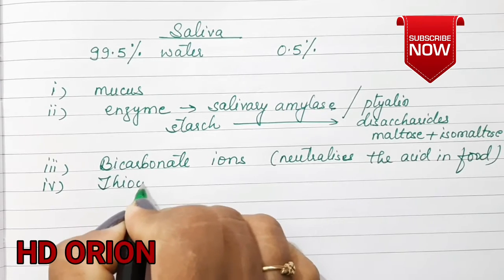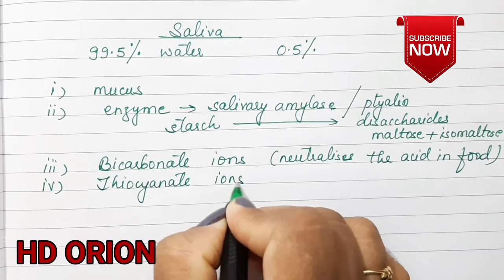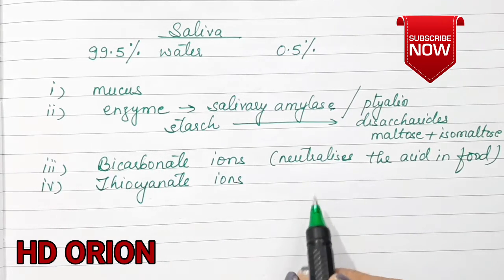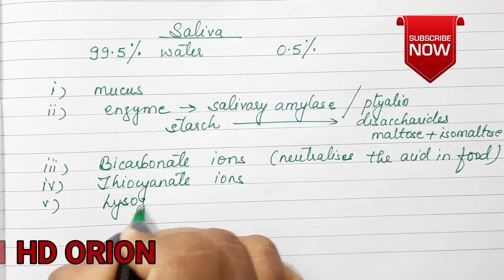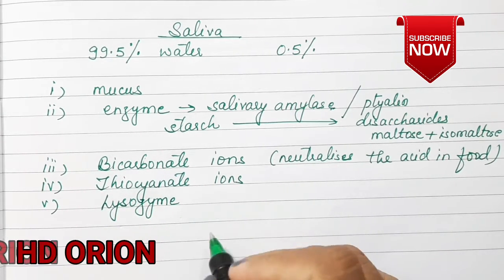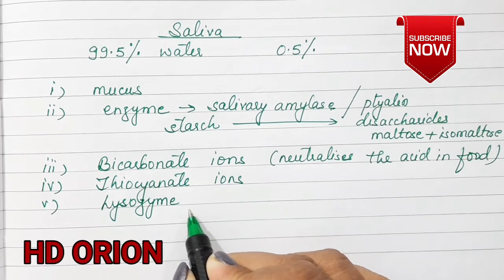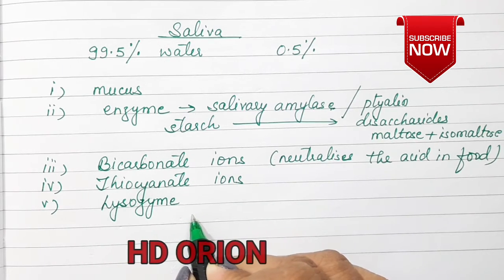Thiocyanate ions are also present, and this is antimicrobial. This also helps in killing the microbes. And there is lysozyme. Lysozyme is an enzyme which again has the antimicrobial action. So this particular antimicrobial action kills any type of microorganisms.